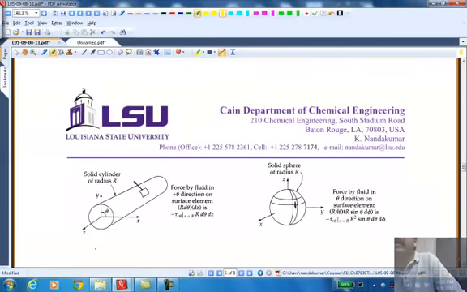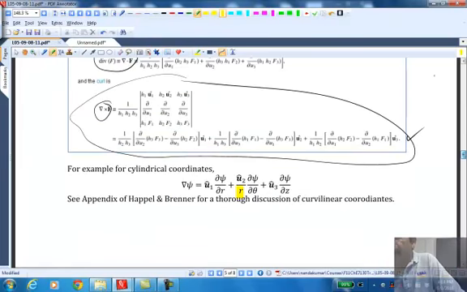Yes, h1, h2, h3 are different if the coordinate system is different. For each coordinate system, you should get its h1, h2, and h3. For the cylindrical coordinate system, h1 is 1, h2 is r, h3 is 1. For the spherical coordinate system, you will have one of them as r squared, for example.